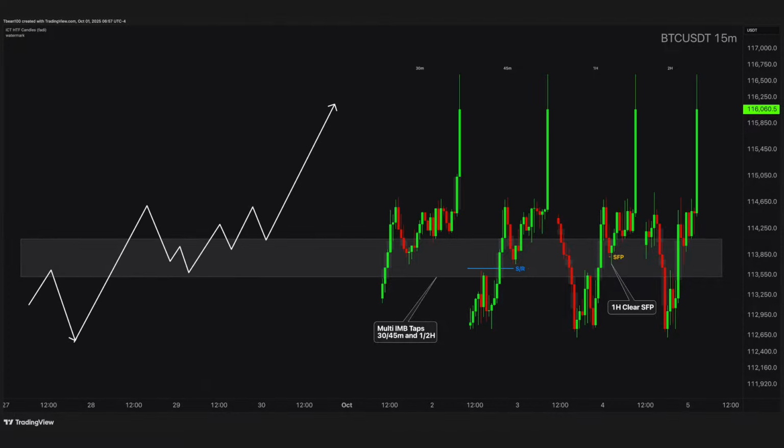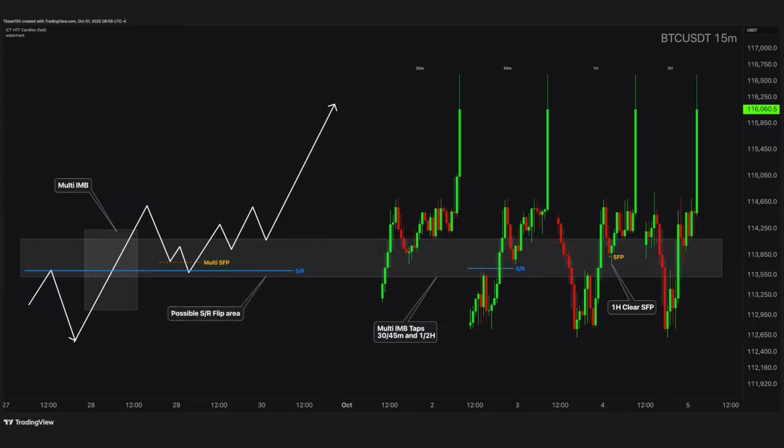We already know Bitcoin has been in an uptrend. It has been rallying pretty strongly over the past several days. Because of that, it created this multi-imbalance zone that we can potentially use to look for trades, plus a swing failure pattern here. Now, this same zone is also overlapping with an SR flip area.